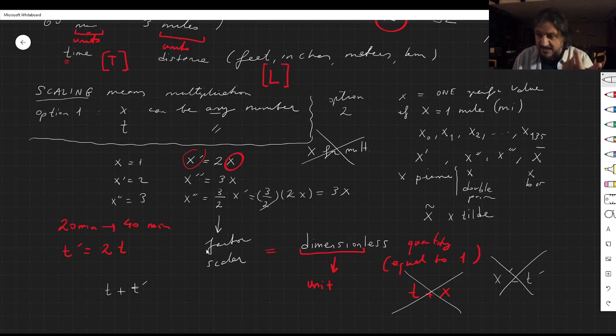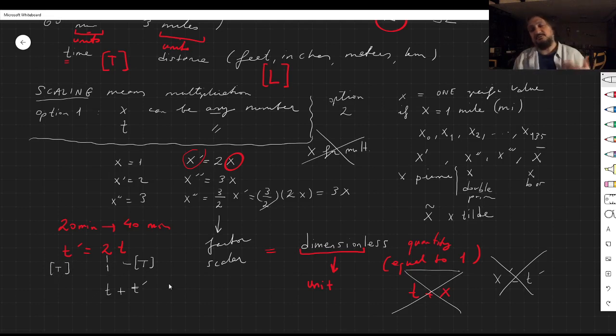So when you're multiplying t, which has the dimensions of seconds or time, let's say, with a dimensionless number, the dimension here is equal to 1. That's what it means, right? 1 times t is t.